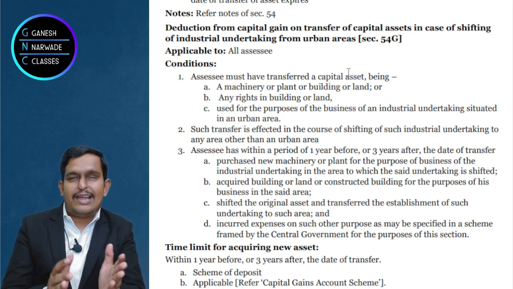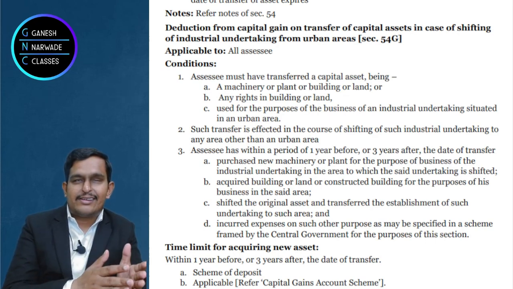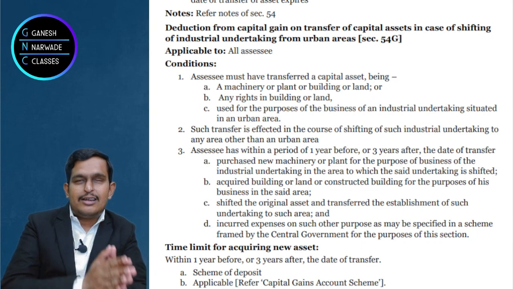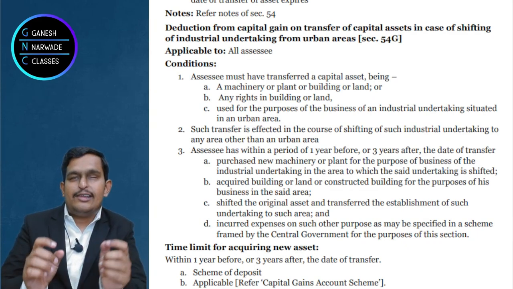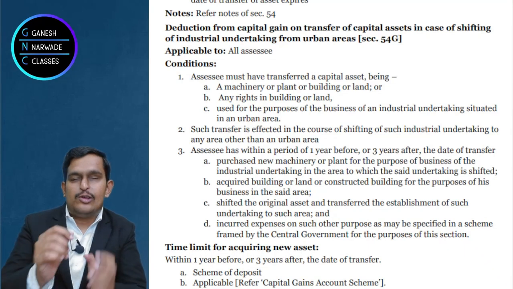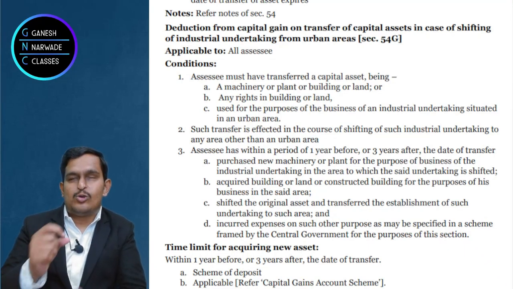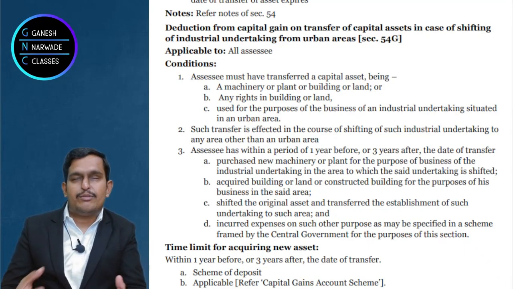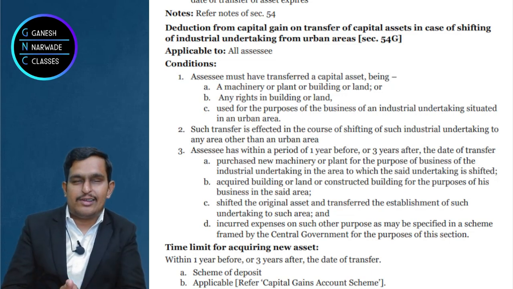Yes, sometimes you transfer your business from urban area to rural area, then you can claim this deduction. Now, why do you shift to rural area? Two advantages. One, government gives you a lot of incentives, whether it is tax benefits or other benefits.